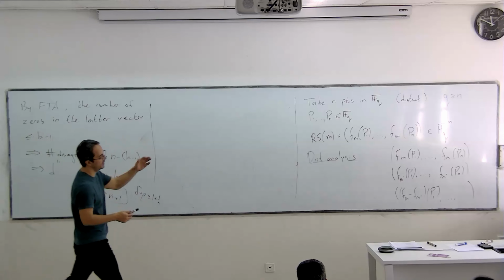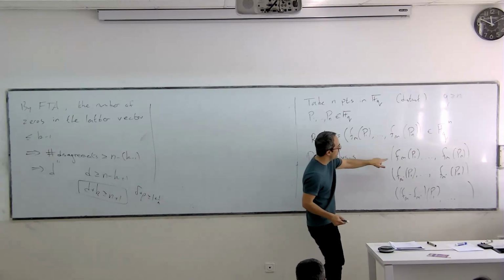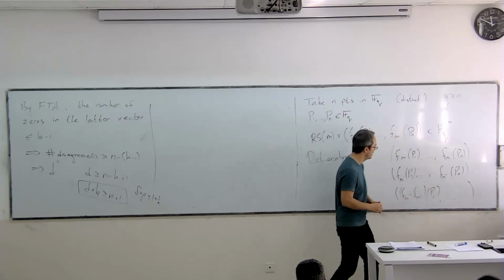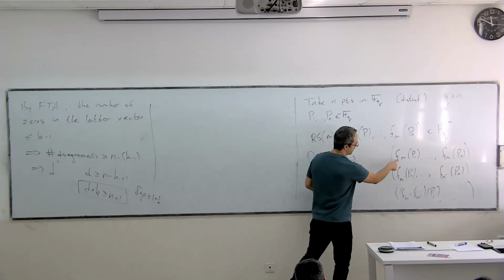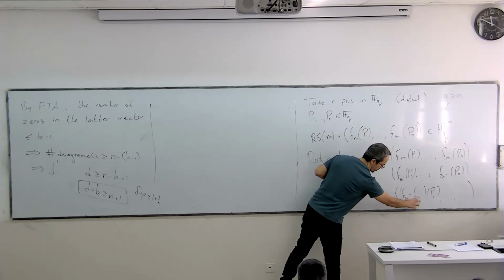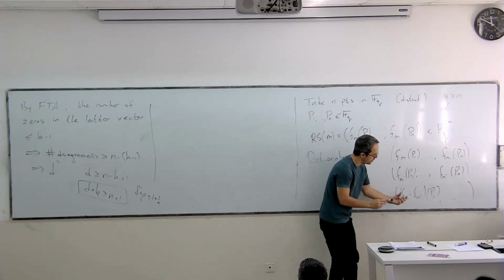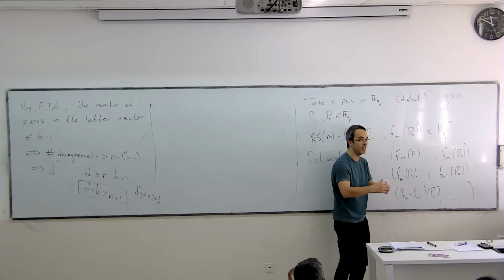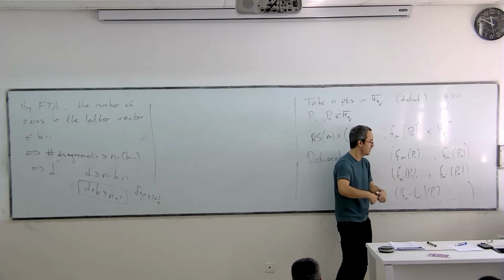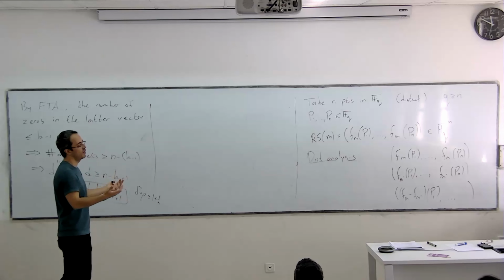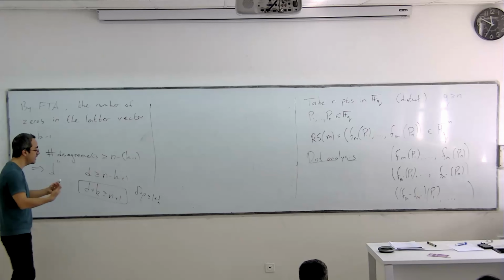The two messages are evaluating polynomials at the same points, and an agreement corresponds to a zero of the difference polynomial, which is a non-zero polynomial of degree at most k-1, so it cannot have too many zeros. So the distance is at least n minus k plus 1, for every two messages.